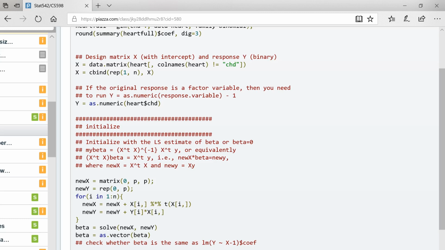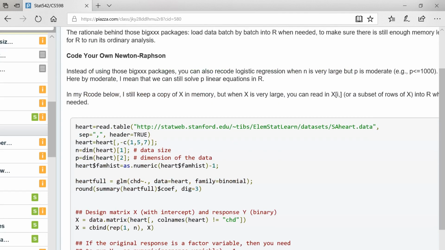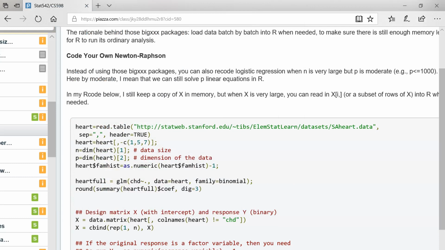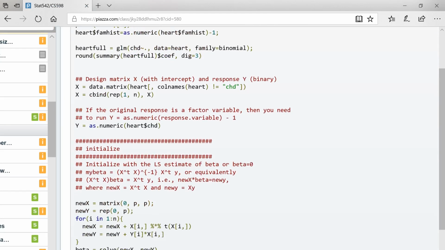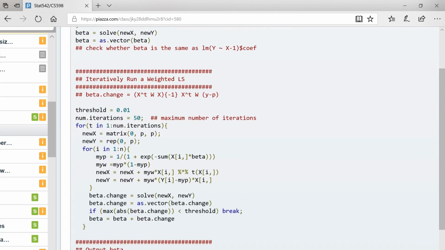This is for linear regression, but for logistic regression it's the same idea, because inside logistic regression, all we do is weighted least squares. Here I show you it's easy to code your own Newton-Raphson algorithm. You start with some initial value and go through this iteration, where I set the maximum iteration to 50.